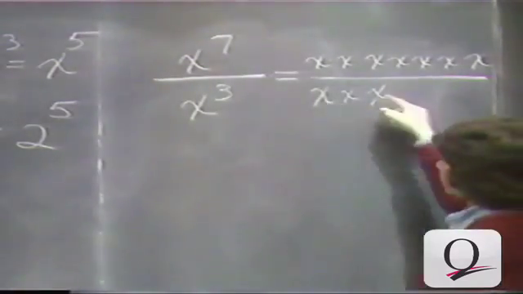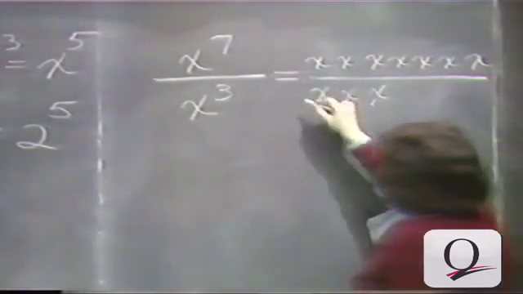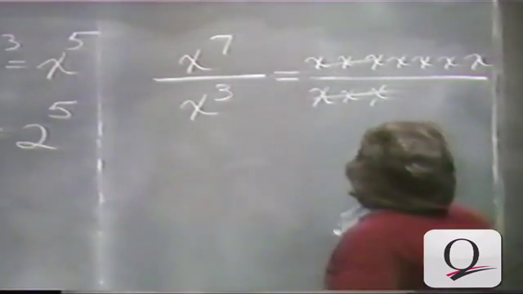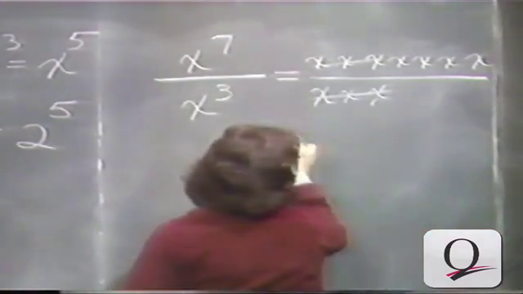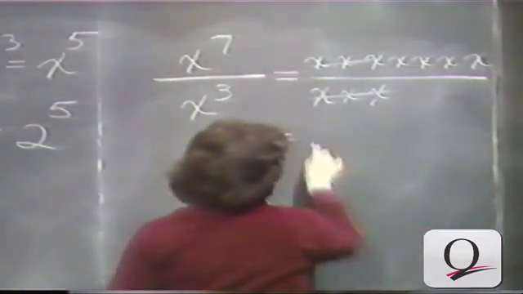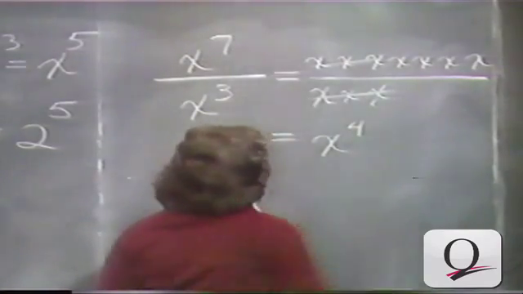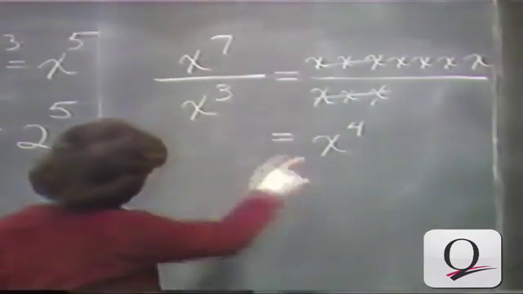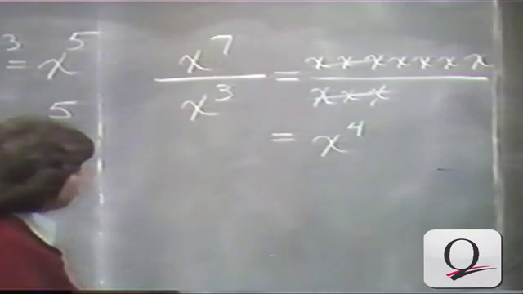When you cancel these 3 x's out, dividing numerator and denominator by x cubed, you're left with just x times itself 4 times, or x to the 4th. So x to the 7th over x to the 3rd comes out equal to x to the 4th.